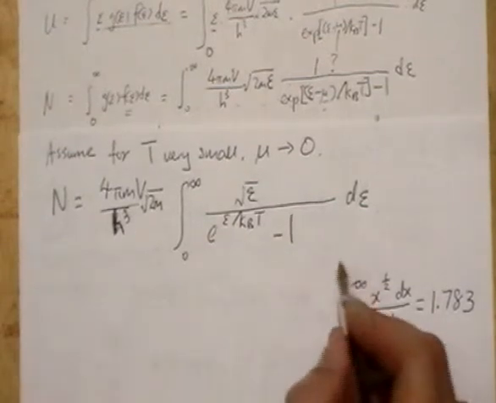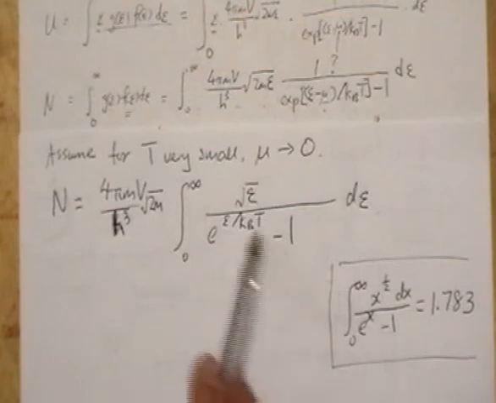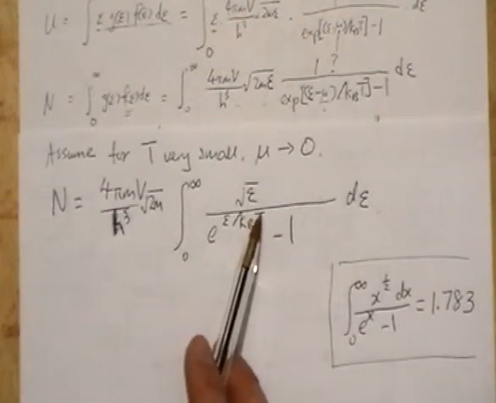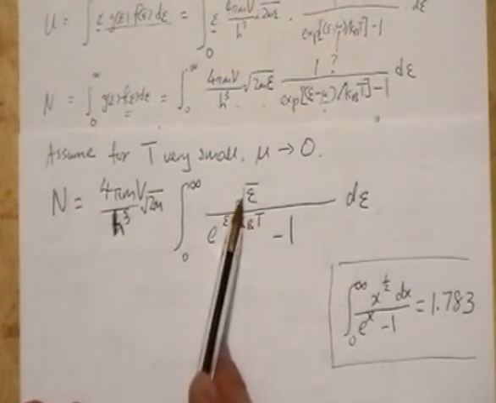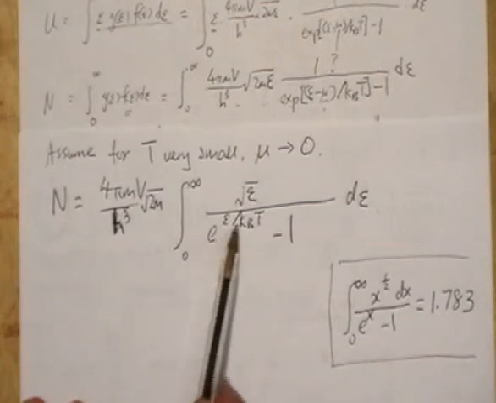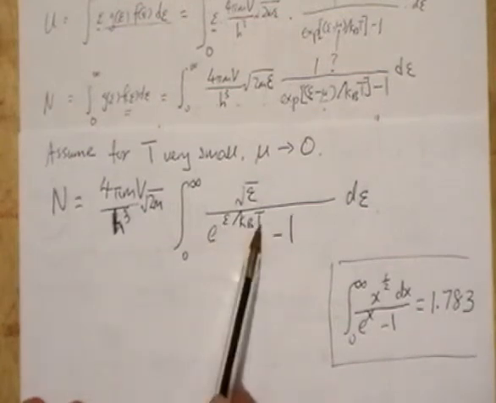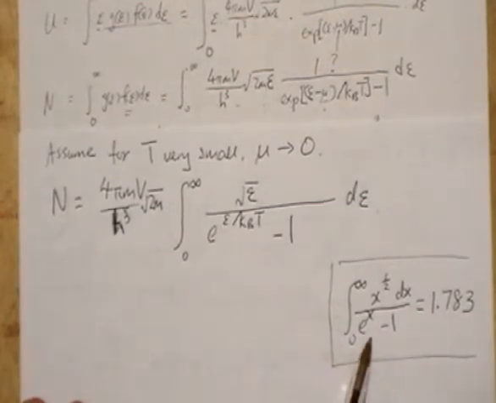So we have a number for this. Now we can make use of this if we compare the two and notice the similarities. We have a square root of E there, we have a square root of x there. We have e to the power of this thing, and we have e to the power of x.